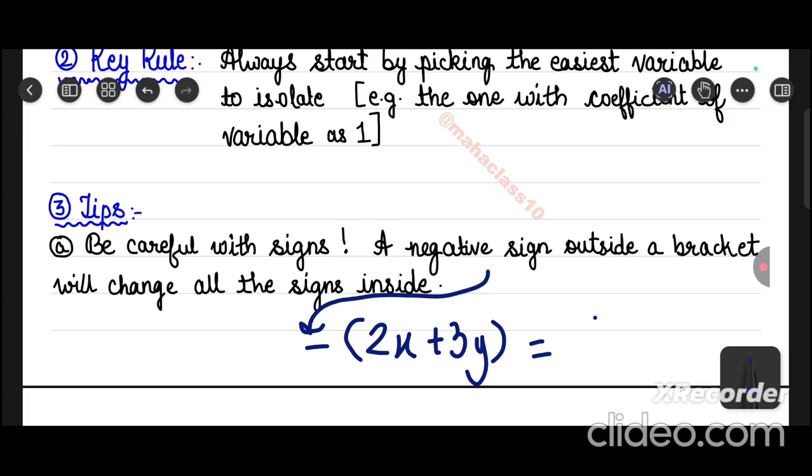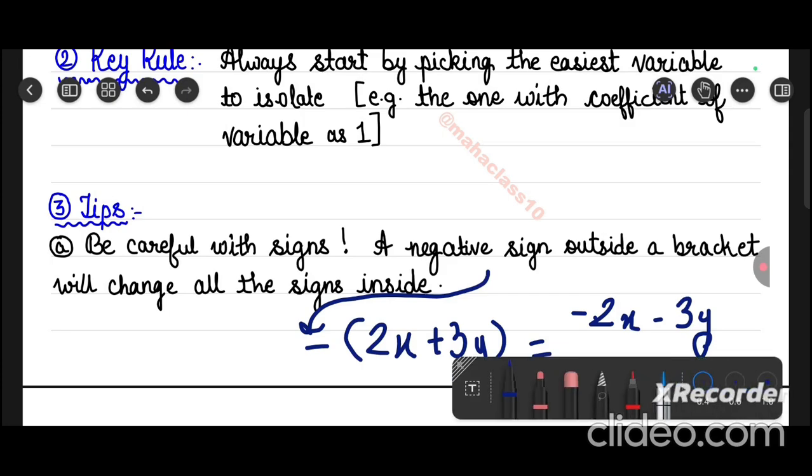For example, we have 2x plus 3y with a minus sign outside the bracket. The negative sign will change all the signs inside, so we will have minus 2x minus 3y.